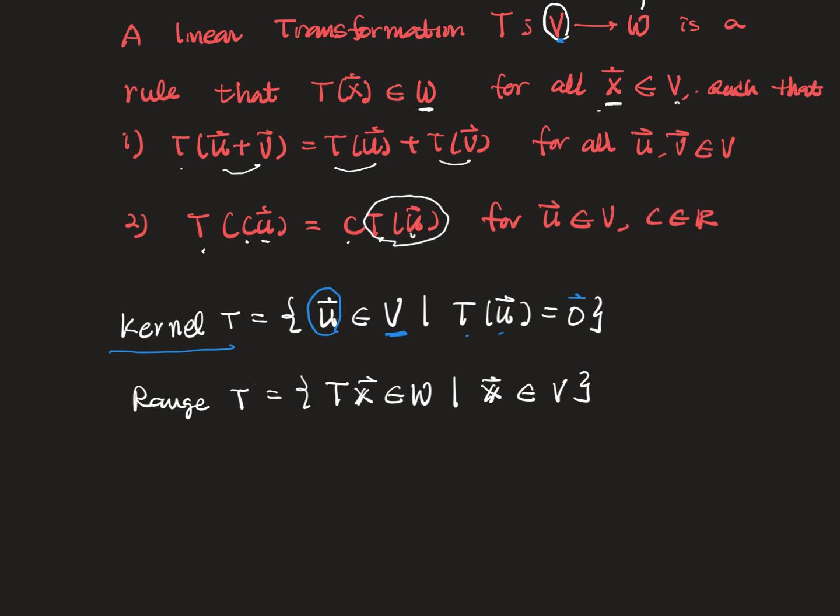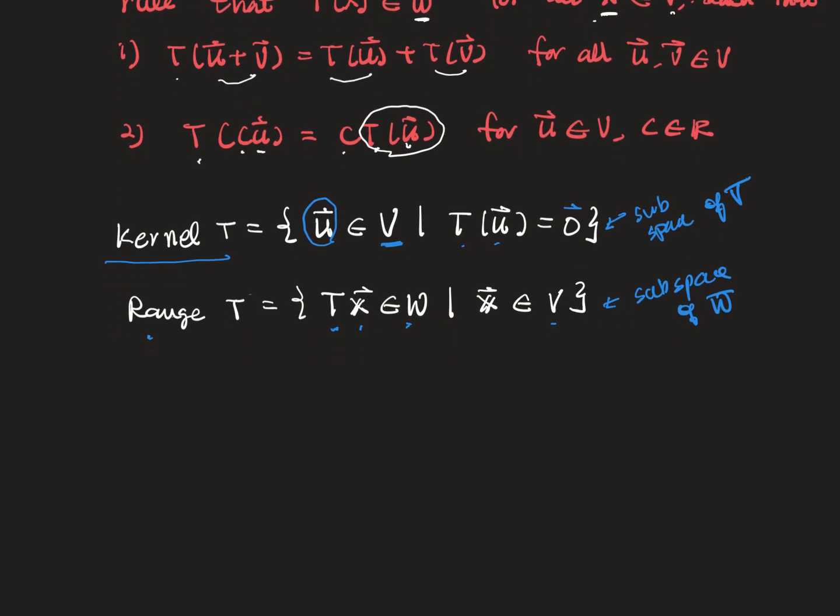That set is what we call the kernel of T. Of course, this is the null space, a subspace of V. The second is the range. You pick any x value from the vector space, then you find the value T of x, which should be in W. That's correct. All the T of x together make the range. This one is a subspace of W.